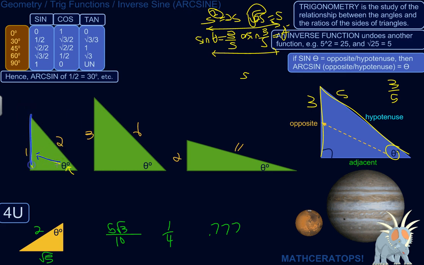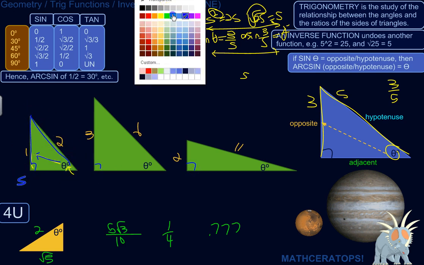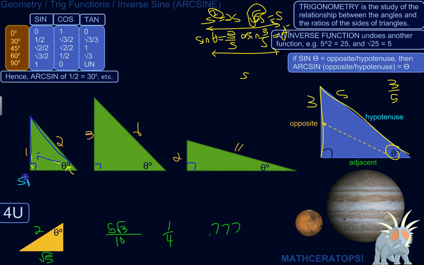So the ratio of the side that's across from it over the hypotenuse. I should mark that these are all right triangles. So this is the hypotenuse. So we know that the sine of theta is the ratio 1 to 2.